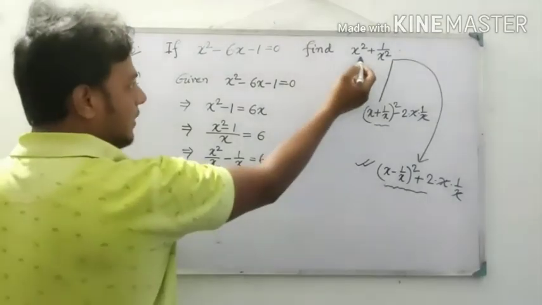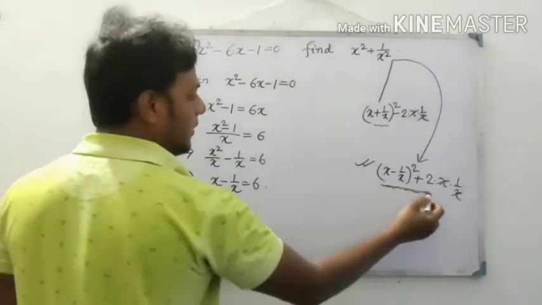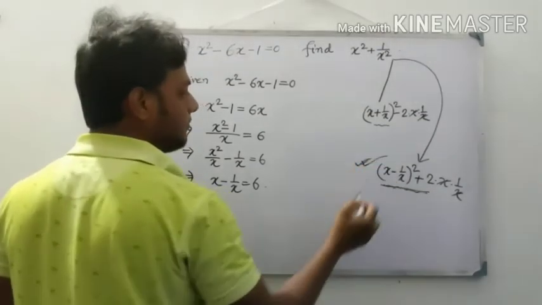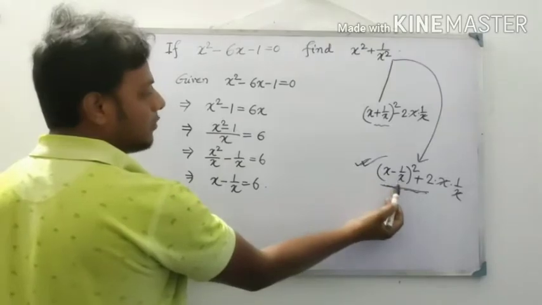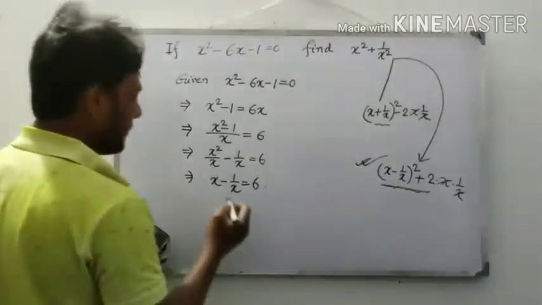So to compute the value of x square plus 1 by x square, we have to use this one. Since we have the value of x minus 1 by x, we have to use this one.